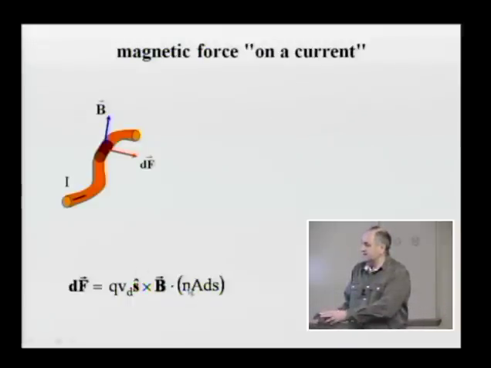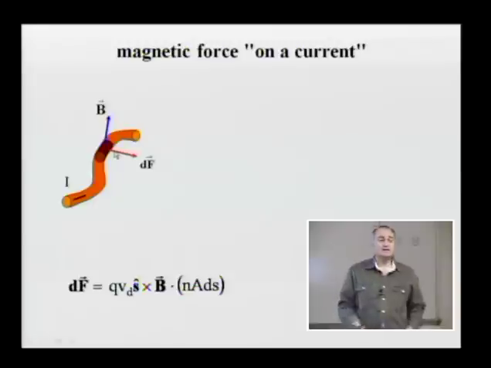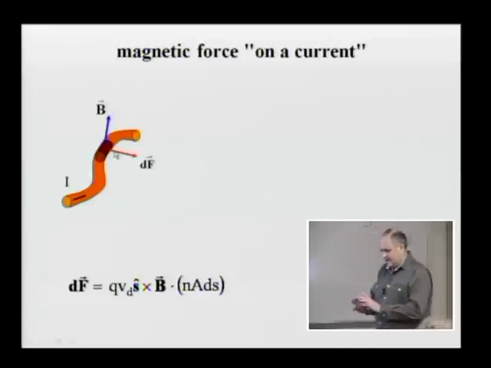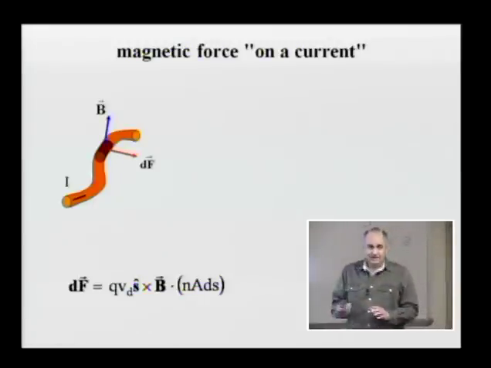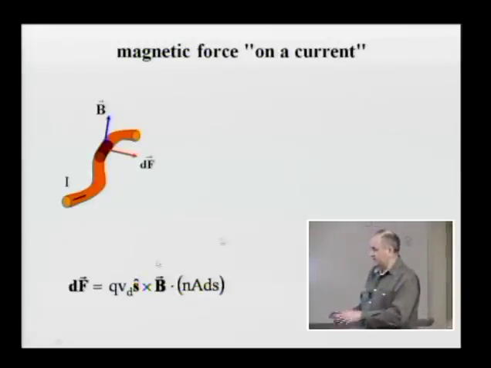In other words, here I have the number of particles per unit volume multiplied by volume. So this gives me the number of particles in this differential fragment of the wire. Now I will combine quantities because I can recognize, for example, that this is a unit vector in the direction of the segment.